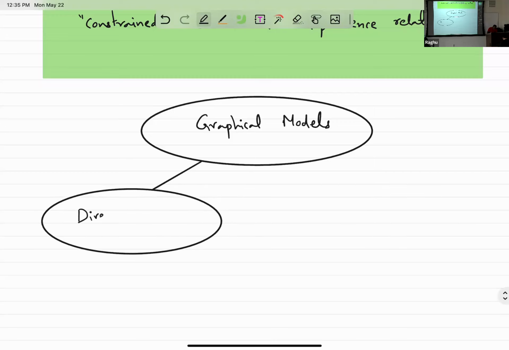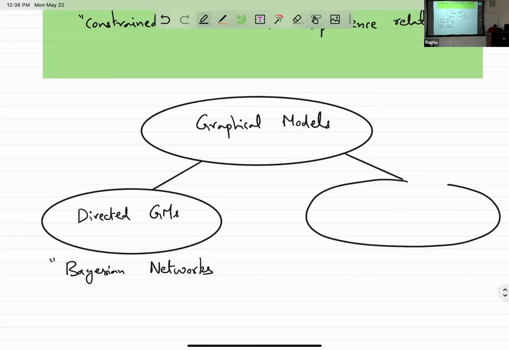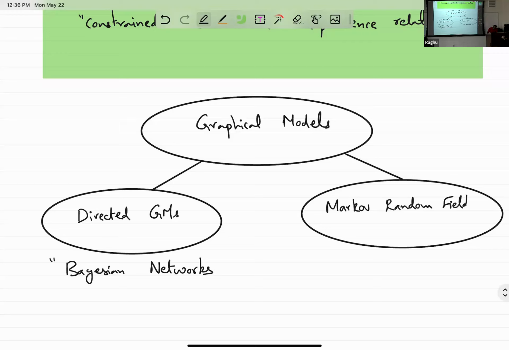One is directed graphical models, also called Bayesian networks. And the other, undirected graphical models, are Markov random fields.